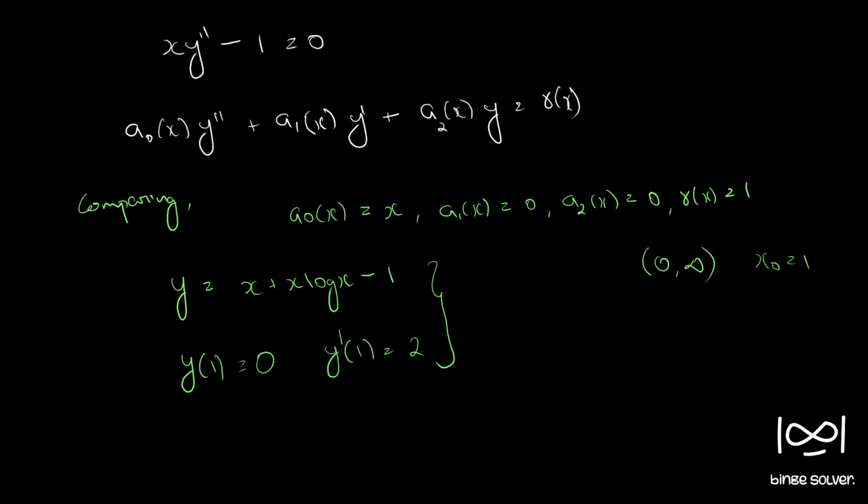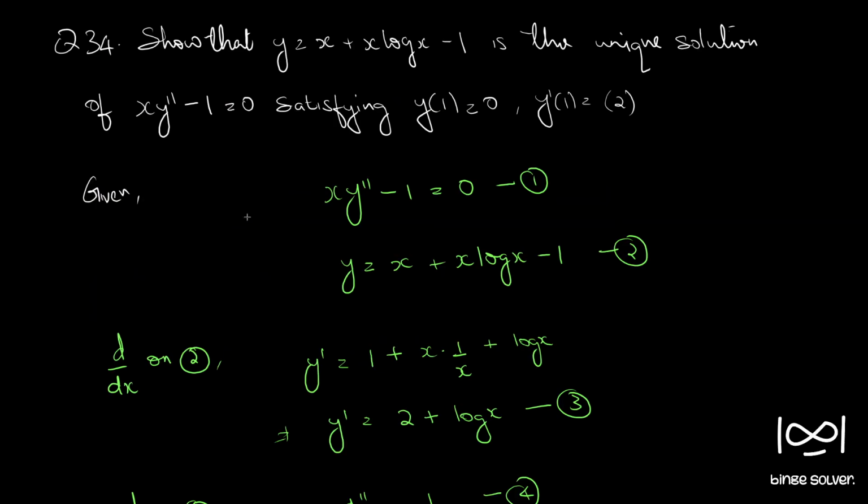So using this we can say that this solution is a unique solution to our equation using the uniqueness theorem. So this is the solution to question 34. y equal to x plus x log x minus 1 is a unique solution to this differential equation.